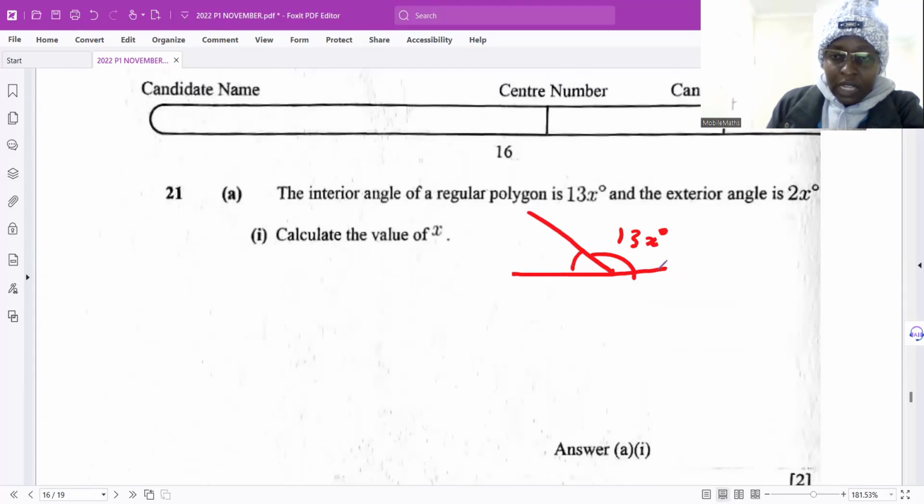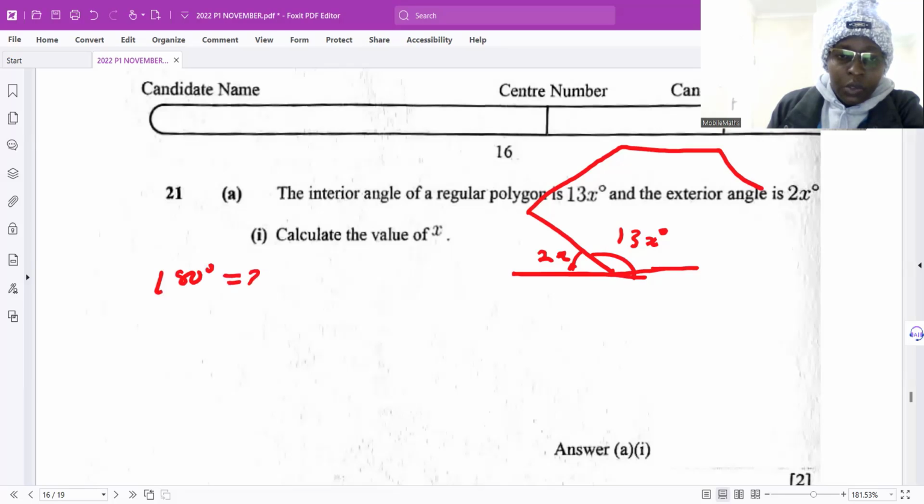Exterior is the one that is outside, because if I have a polygon going on and on like this, this is my exterior angle, which is 2x. Okay, and we know that when we talk of interior and exterior angles on a straight line, they add up to 180. So I can say 180 degrees is going to give me 2x plus 13x.